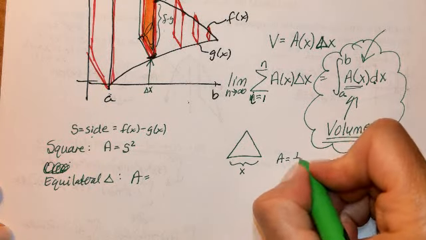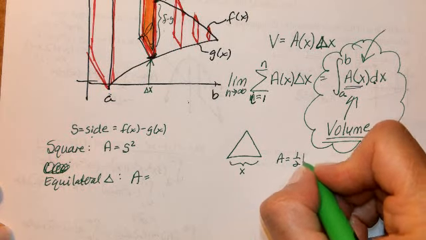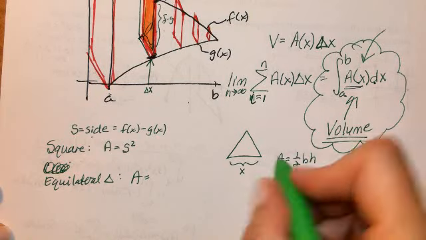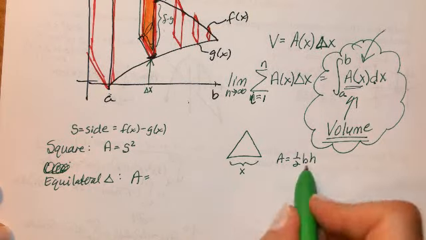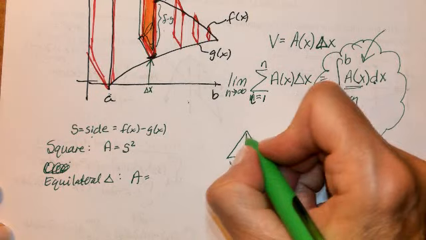Well, the only thing we know for area for a triangle, our most basic area of a triangle, is 1/2 base times height. We want to get x involved. Well, I know the base is x. What's the height? There is the height. What is it?